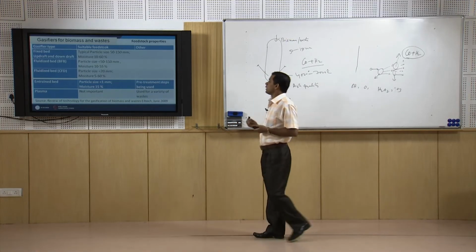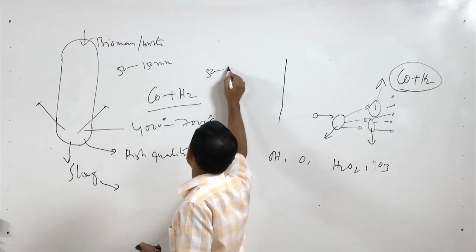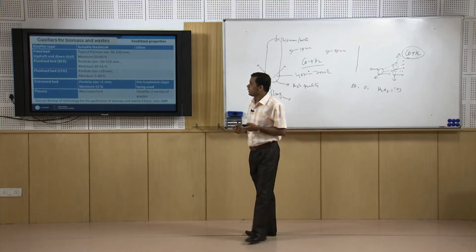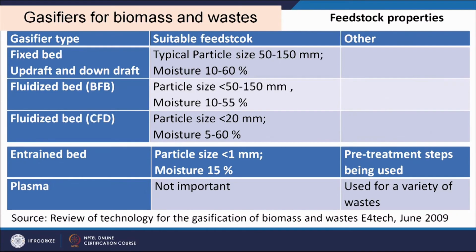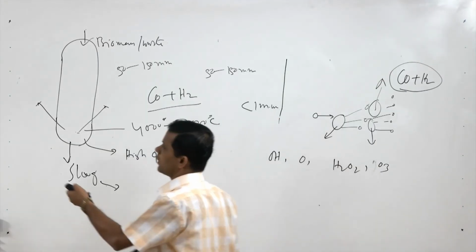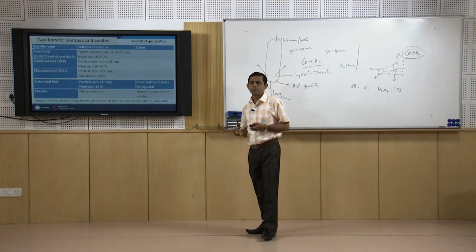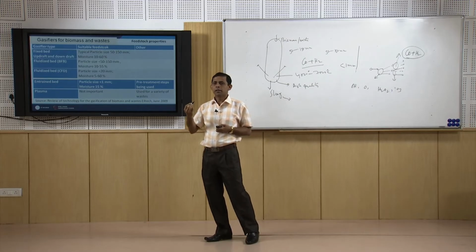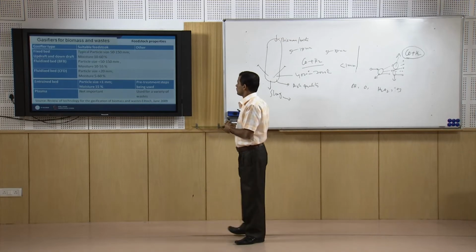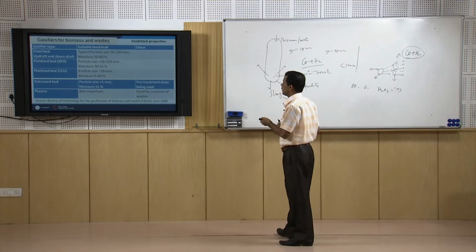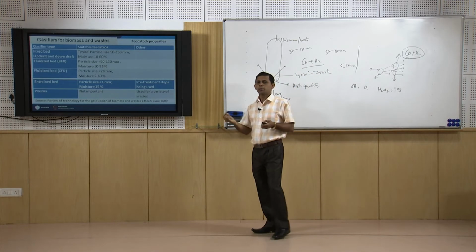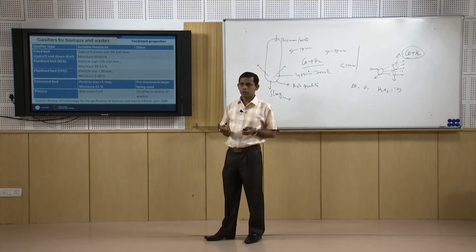For the fluidized bed again it is 50 to 150 millimeter, but in the case of entrained bed we need less than 1 millimeter, and for circulating fluidized bed it is less than 20 millimeter. So, the particle size here is relatively bigger than that of coal gasifiers, but for plasma gasifiers there is no limitation; any particle size can be used.